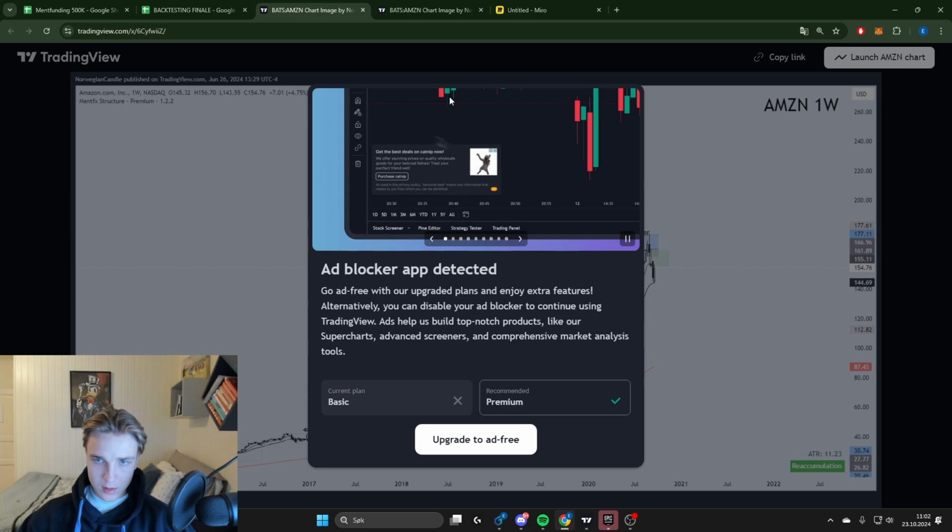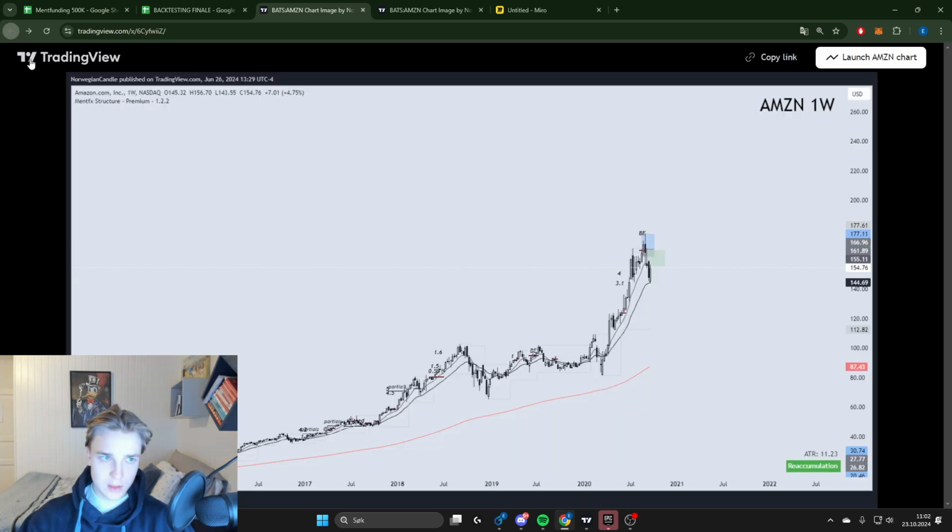Okay, so you could say this right here is the major flush. Then it makes this base 1, base 2, base 3, and then actually this is the last base. So it was valid to look for a trade here. You could also say base 1, base 2, 3, 4, and this is overextension.